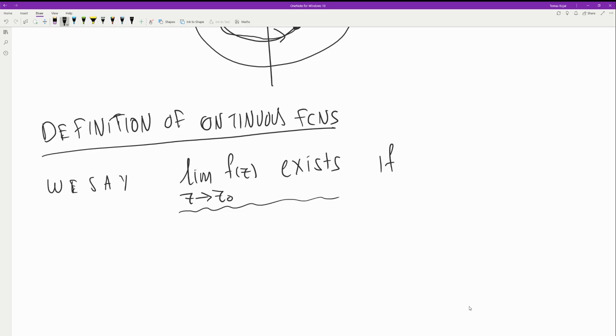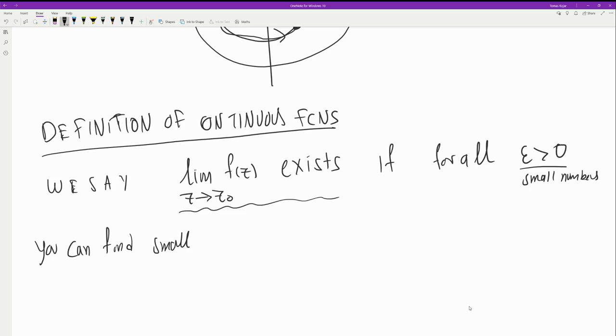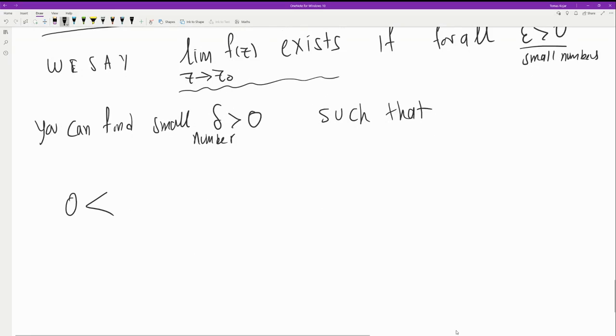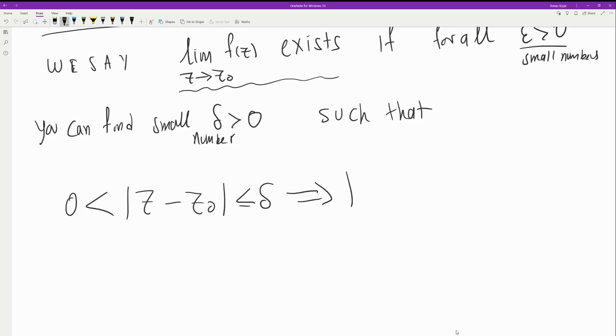For every, for all small numbers epsilon, you can find a small delta number such that for all points close to z naught, the images, so let me call this L, the image f of z is close to this limit L.